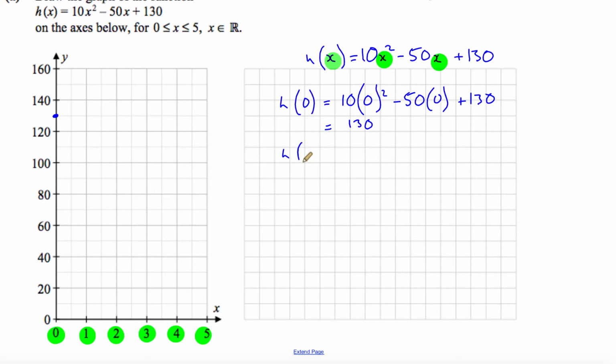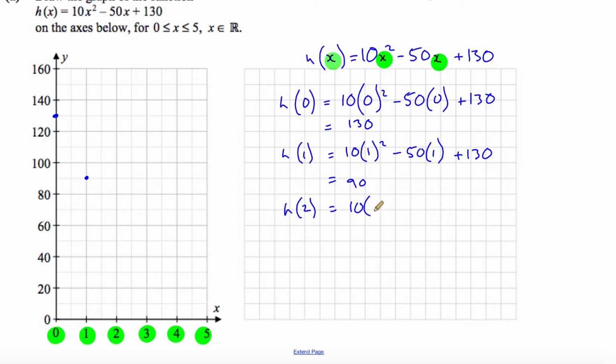Okay, next I'm going to do h of 1, which is 10 by 1 squared minus 50 by 1 plus 130. Again, you can do this on your calculator or in your head. So this is 10 by 1 squared is 10 minus 50, which is minus 40, plus 130, which is 90. So when x is 1, y or h of 1 is 90. Okay, next h of 2.